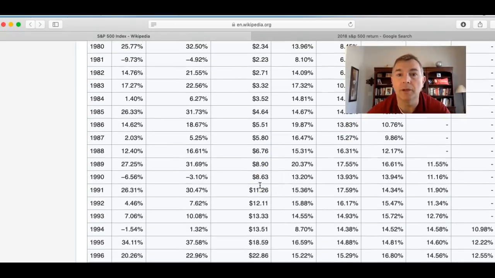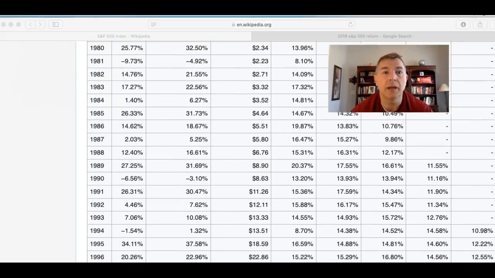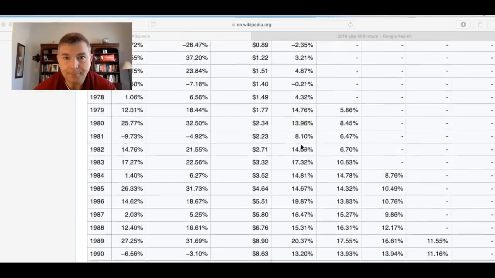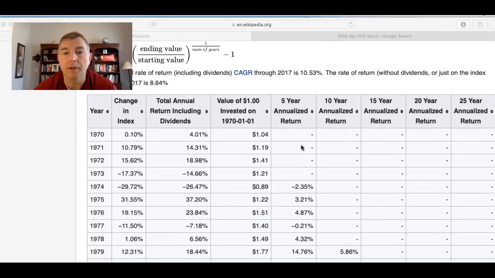Now, I want to show you something else too, because a lot of people say, yeah, but the markets are different now. And I actually don't disagree with that, because higher inflation markets back in the 70s and early 80s are different than they are today, for sure. But watch, this is a 5-year annualized return.